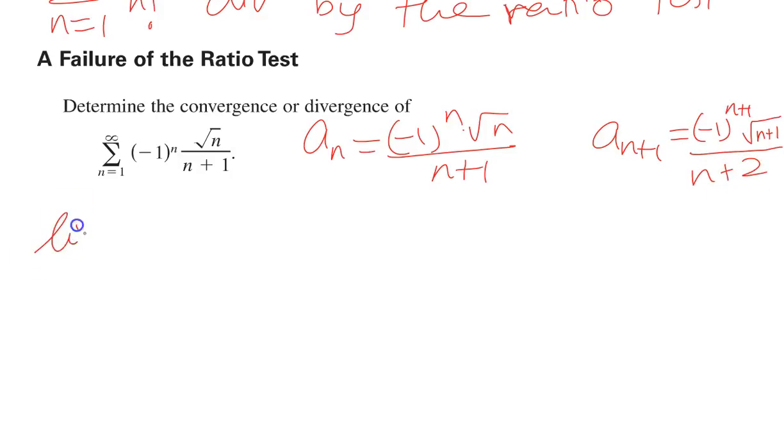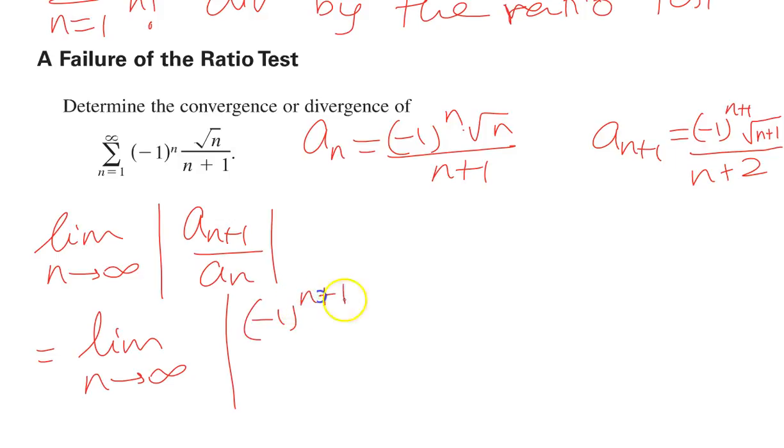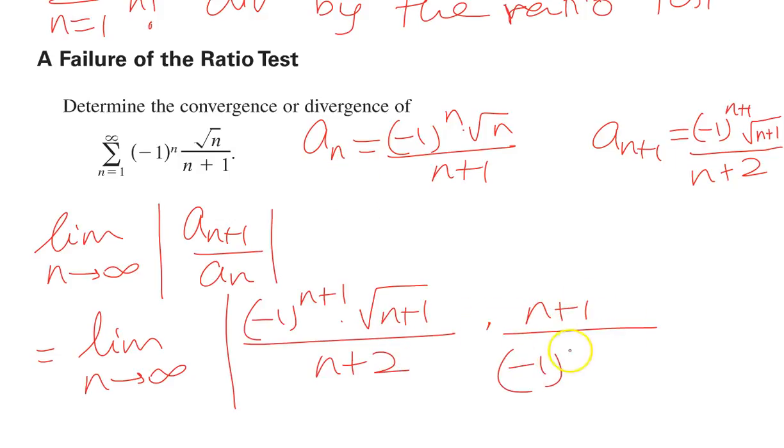Talk about the limit. Limit as n goes to infinity of a_(n+1) over a_n. What is that limit? What is a_(n+1)? That's negative 1 to the power n plus 1, root of n plus 1 over n plus 2, divided by a_n. Flip it and multiply. So that's what you have.